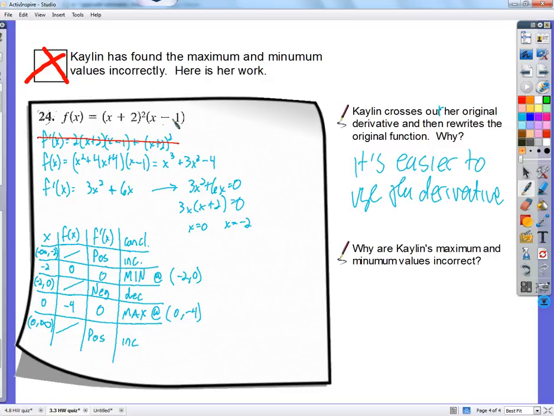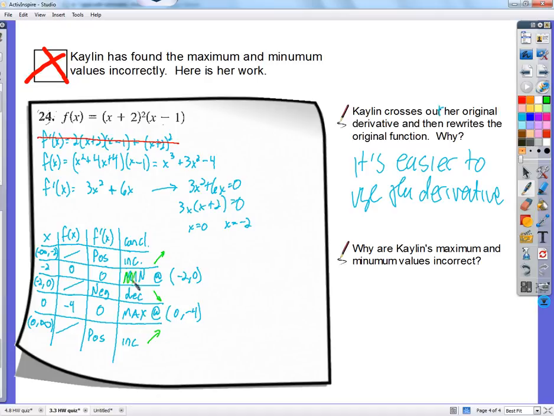Oh, did you get the minimum and maximum backwards? Yeah. Why backwards? Because if it's increasing and then decreases, then it's a maximum. So here is increasing, right? That's kind of what it looks like in general, and then decreasing. So if it looks like this before -2 and this after -2, it must have had a maximum. And then likewise here, it's going down and coming up, so it must have gotten to a minimum.